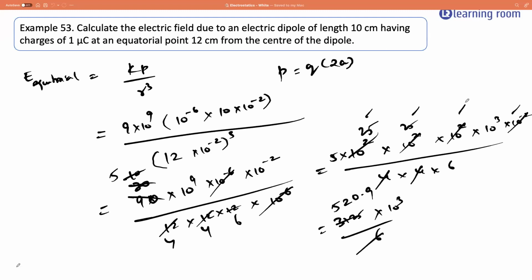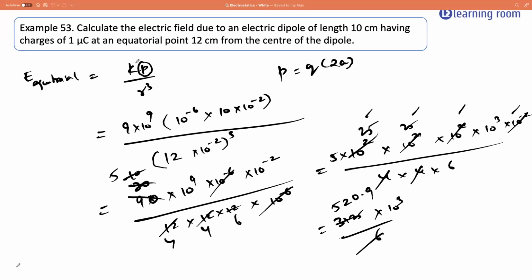Why 5? Because they are asking A, right? So 10 by 2, right? No, sir. Calculate the electric field due to an electric dipole of length. Yes, sir. 10 is actually 2a. P I applied, no? P is Q into 2a. Why do I need to take it again?